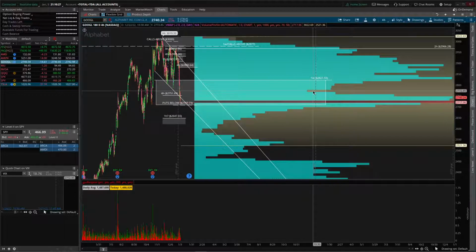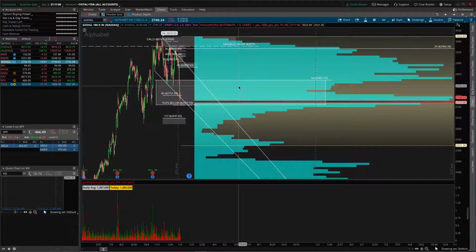These peaks are where there's a lot of volume traded around this price, and these valleys are where there's not a lot of volume traded within these prices, and that's simply because of overnight gap ups. Like I said, it's much easier to jack up price when there is low volume. So right here, for example, we have a gap, we have low volume, and here again low volume, and that's just because of price movement being really fast.